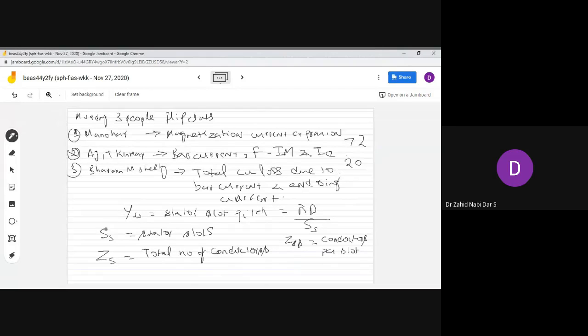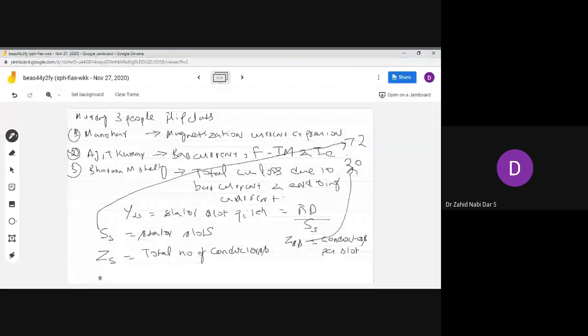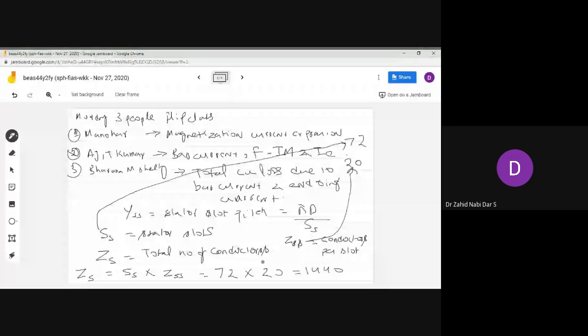So here SS would be equal to 72, ZSS would be equal to 20, and ZS would be equal to SS into ZSS. In this case, with 72 slots and ZSS of 20, it would be equal to 1440. So this formula you have, which time and again we are using in different places.